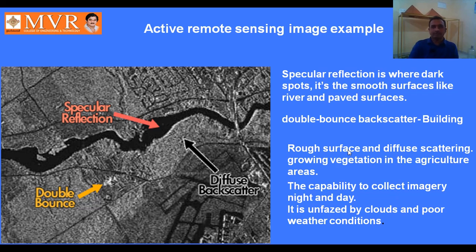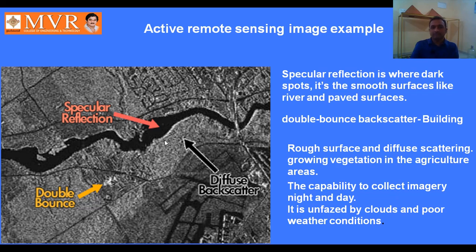Active remote sensing, I will show you one example image. See here, this is the specular reflection. Specular reflection, I already told you, this is the active remote sensing image. In the case of active remote sensing only, the image appears like this, black and white pixels. Why?